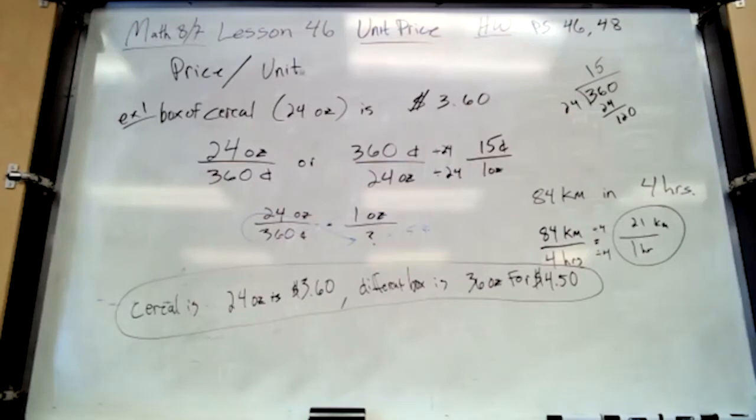Now, you might get a decimal answer for unit price, okay? And that's okay, because you're not gonna just pay for 1 ounce of cereal. And a lot of times at King Soopers, you'll have decimals, like price per ounce is like 10.25 cents.